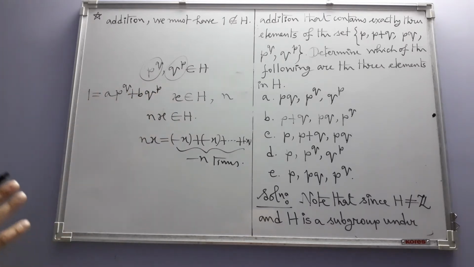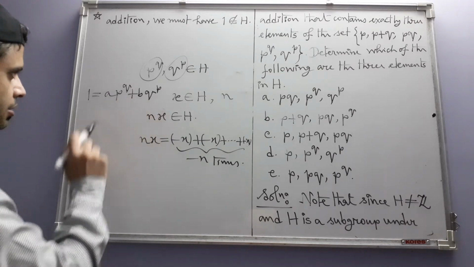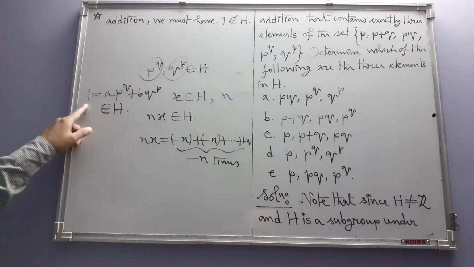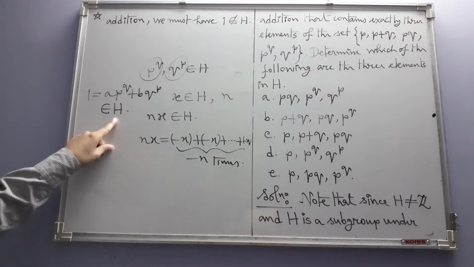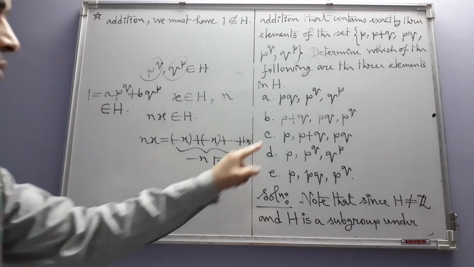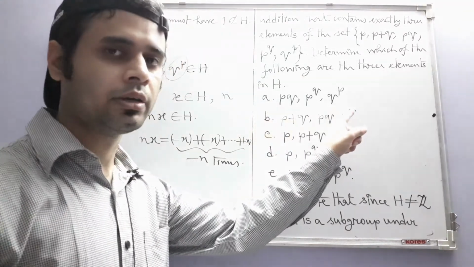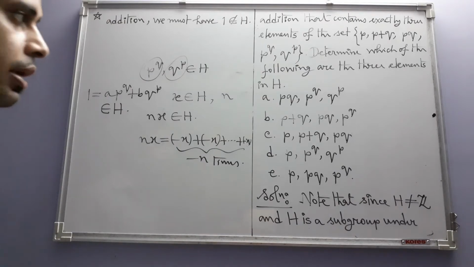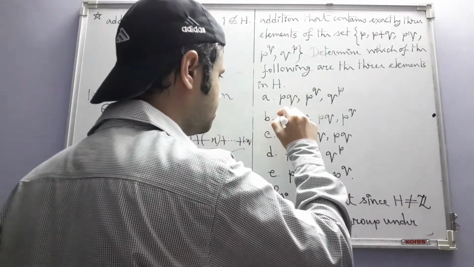But according to our analysis, this belongs to H, and then we get the thing we are not supposed to get. So that's why A is not a possibility.